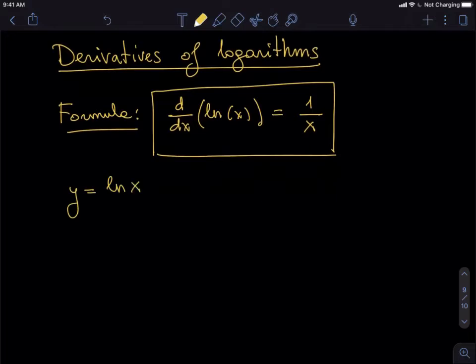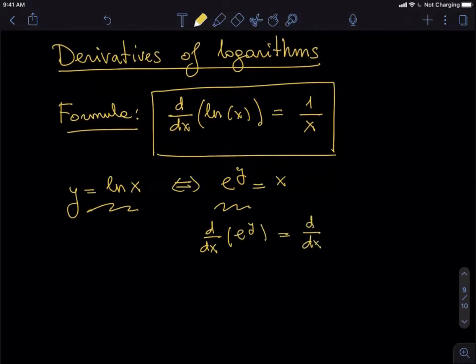The logarithm is just the inverse of the exponential, right? So when we write this equation, the exponential, here I don't know how to take the derivative of the logarithm, but here I have the exponential that I know how to take the derivative of. So let me use implicit differentiation there and take the derivative d/dx of both sides. The right-hand side is going to be 1.